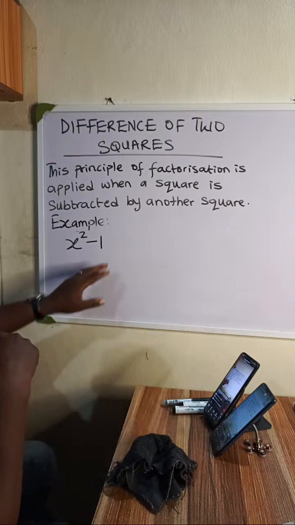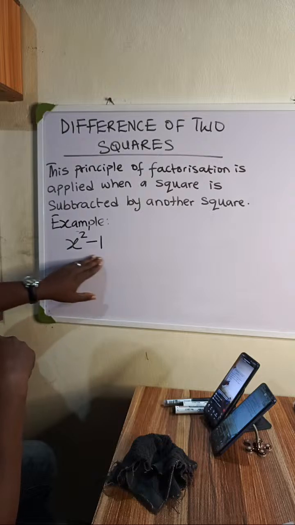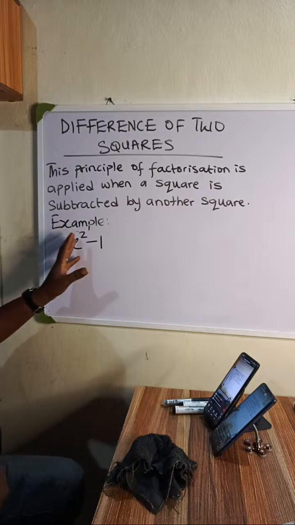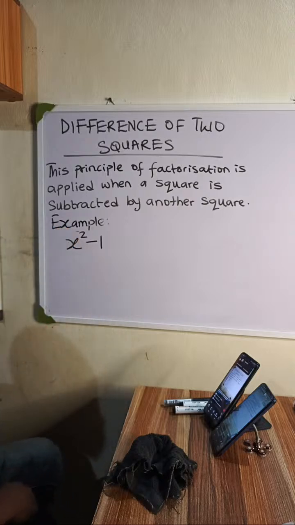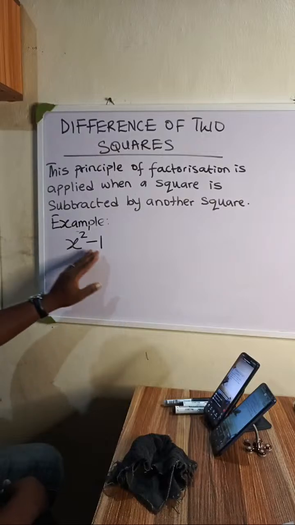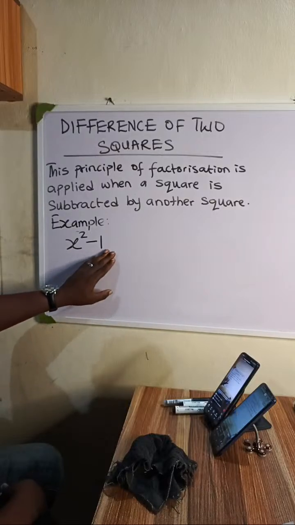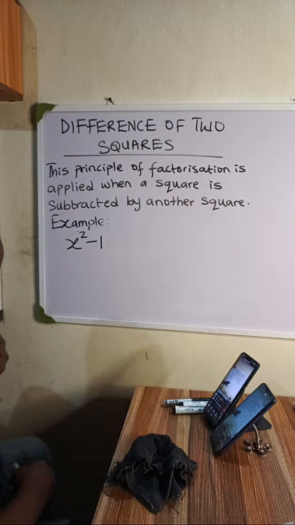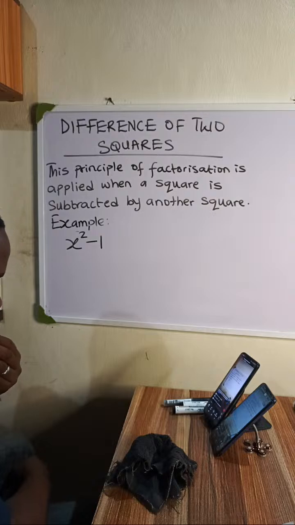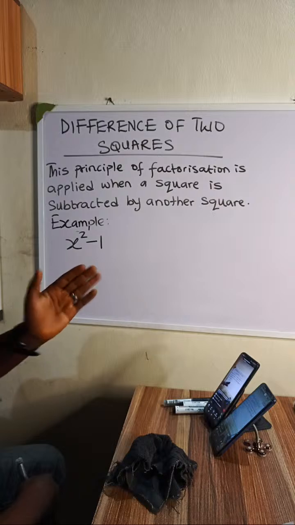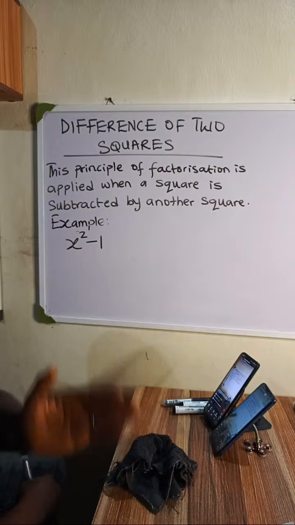So what do you think? Who knows what we should do in this situation? We have x squared minus 1. Can we change this to a squared value? Here we have a squared value. Can we have a squared value over here? Okay, correct. 1 is a square because we can convert 1 to 1 squared, because 1 times 1 is the same thing as 1.